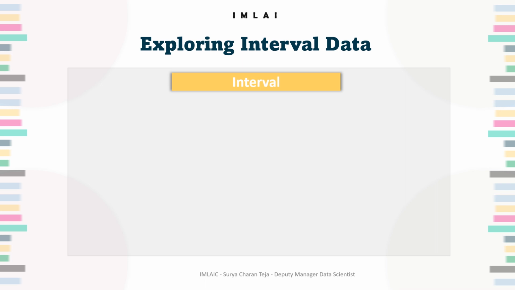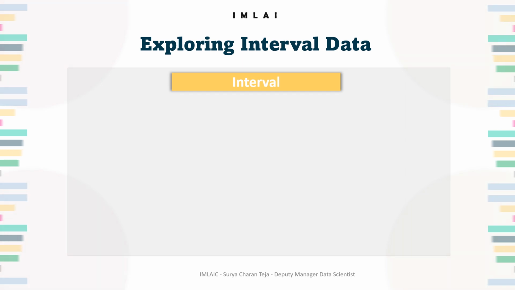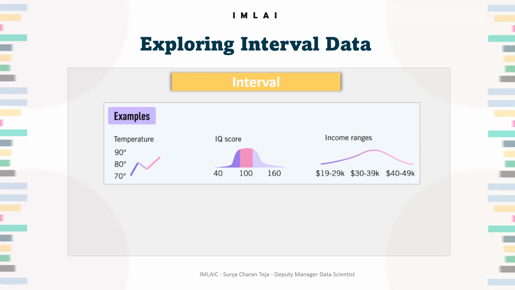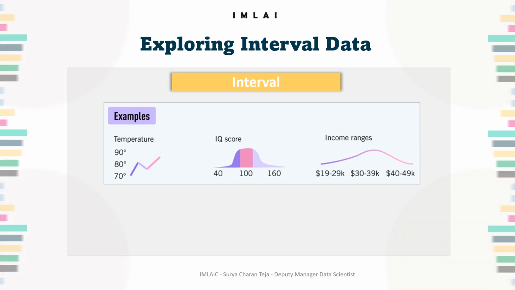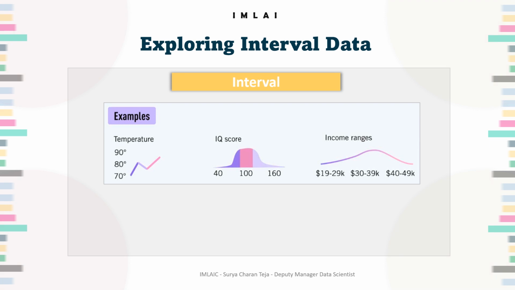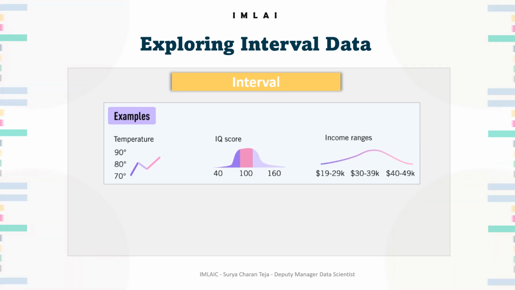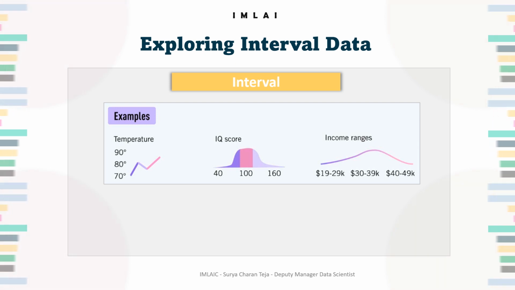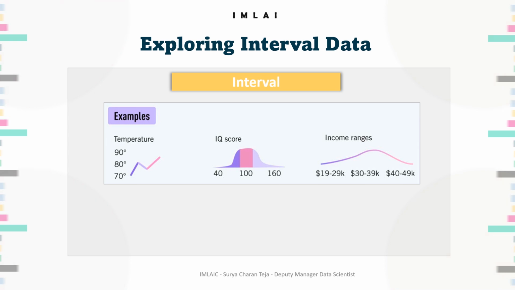So now let's look into some examples of interval data. Examples include temperature in degrees Fahrenheit or Celsius but not Kelvin, intelligence quotient score from 40 to 160, or income categorized as ranges, for example 19 to 29 thousand dollars, 30 to 39 thousand, and 40 to 49 thousand, and so on and so forth.